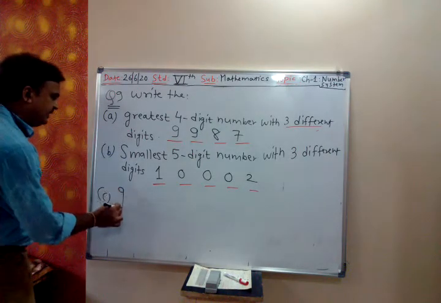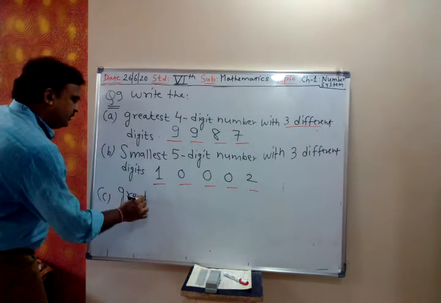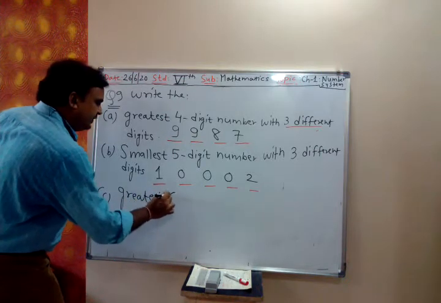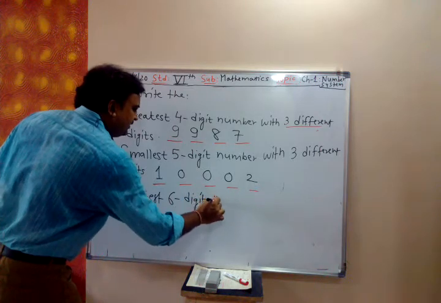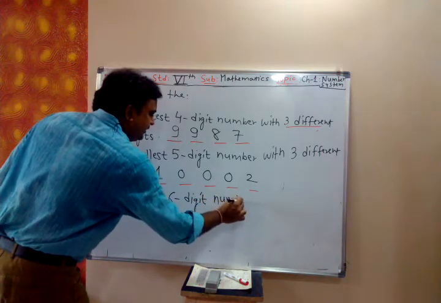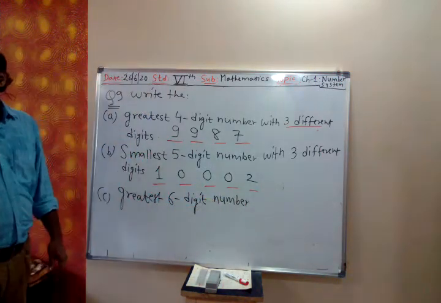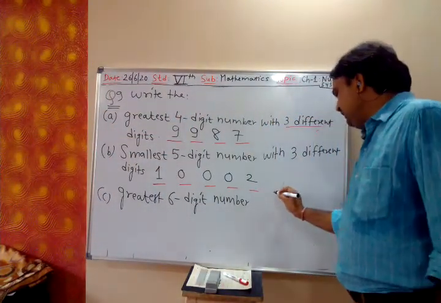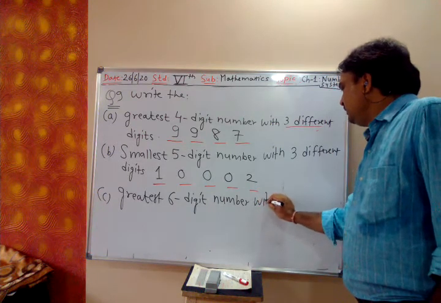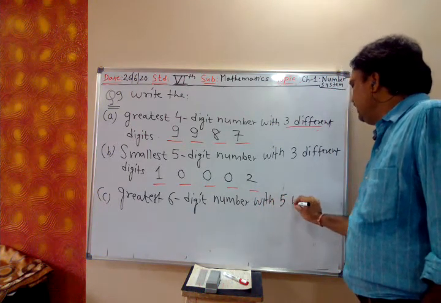C is greatest 6-digit number with 5 in the 1000 place.